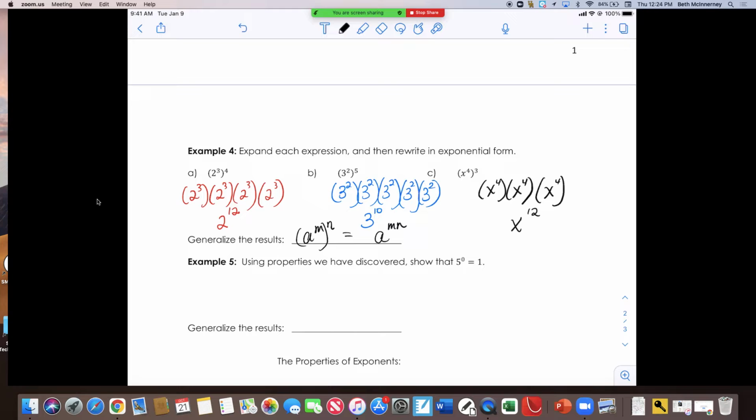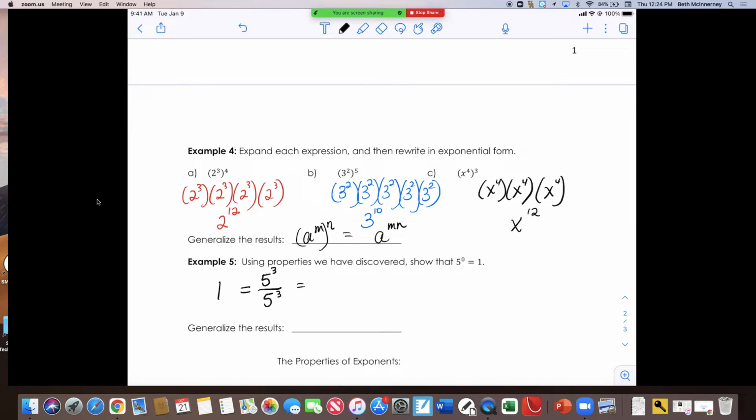So watch this. What if I have 5 to the 3rd over 5 to the 3rd? Well, what do you know when you take a number and divide by itself? It's 1, right? Okay, so over here to the left, I'm going to call that 1 because it is 1. That's like 125 divided by 125 is 1.